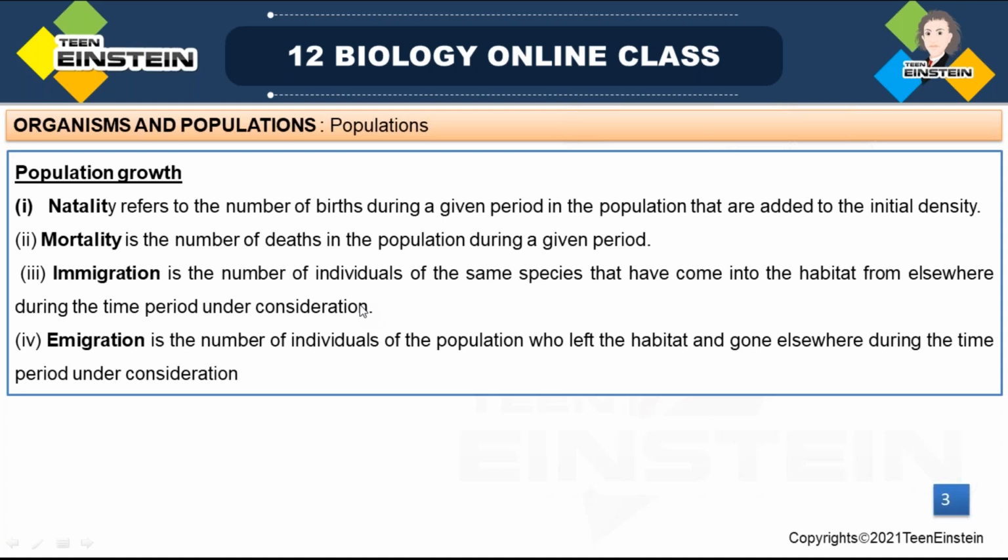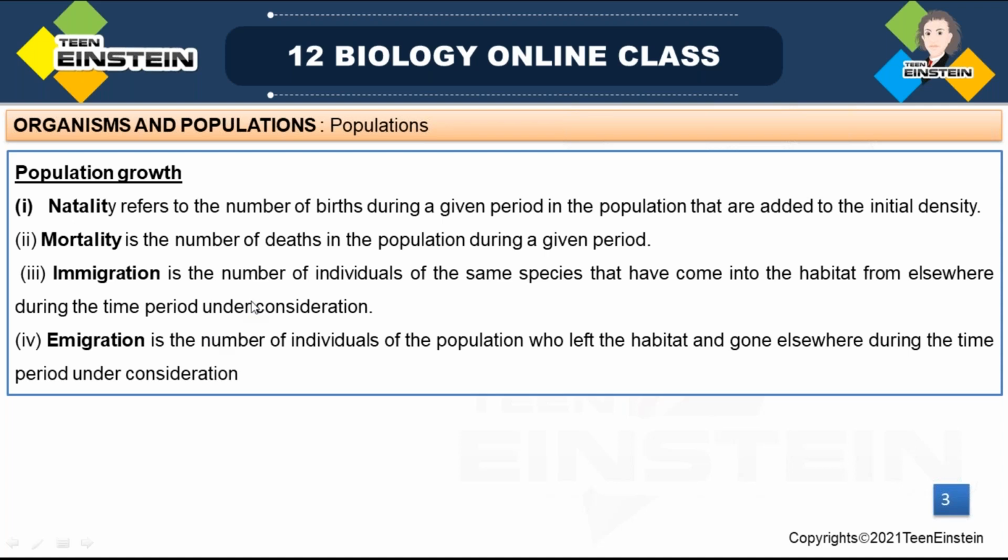Next comes emigration. What do you mean by emigration? Emigration is the number of individuals of the population who left the habitat and gone elsewhere during the time period under consideration. This is exactly opposite to immigration.